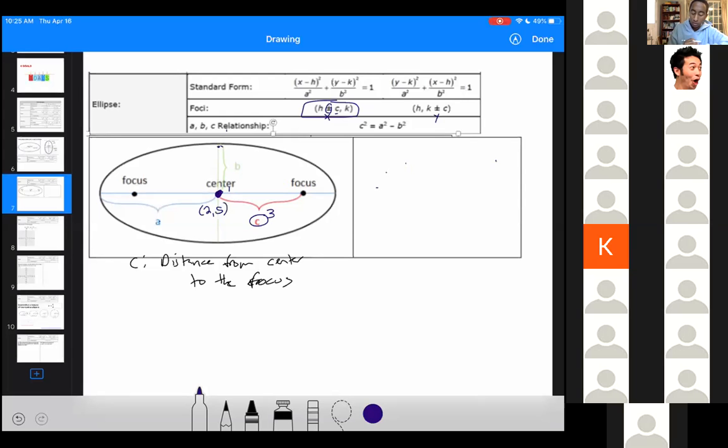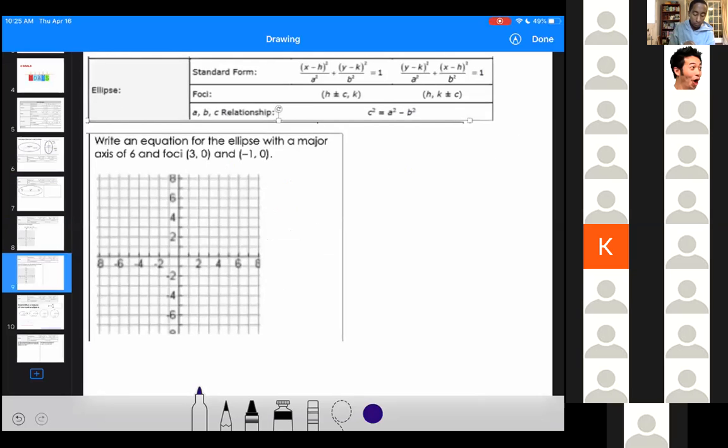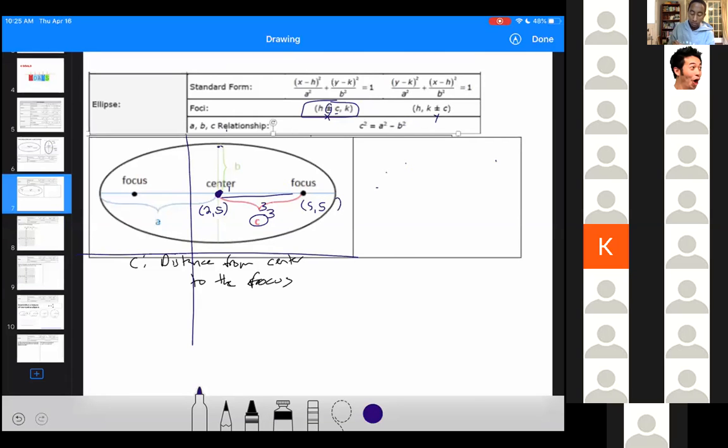Okay. So if it was a horizontal ellipse like this, then this distance was 3 right here. Then this focus over here would be 5,5, right? Because the distance is 3. We're looking at this on the graph of the x and y axis, and you had your grid lines.